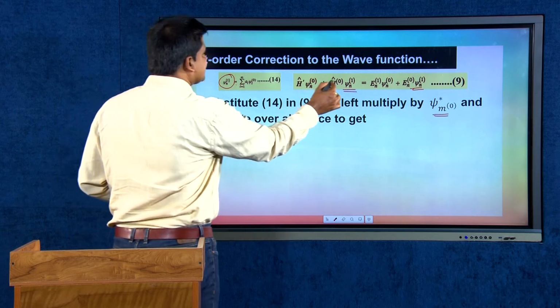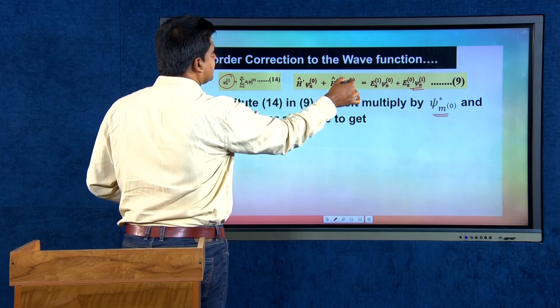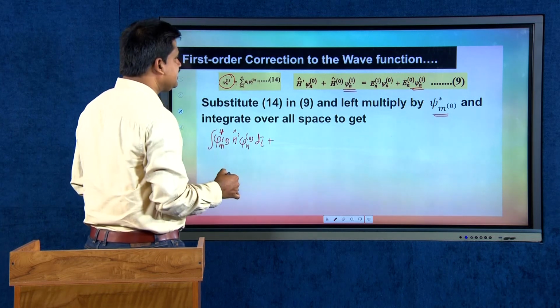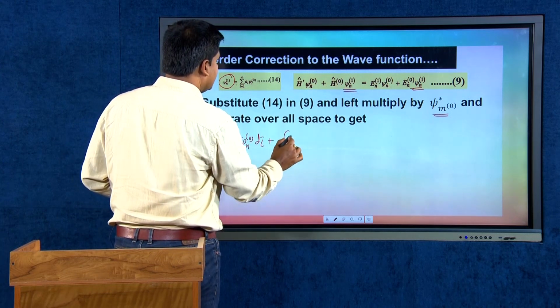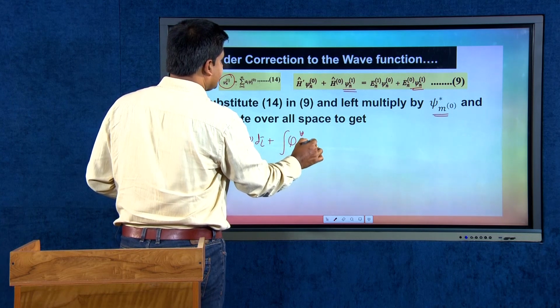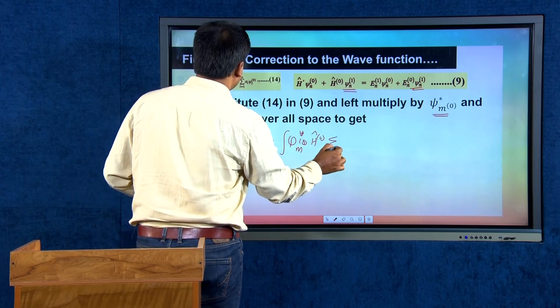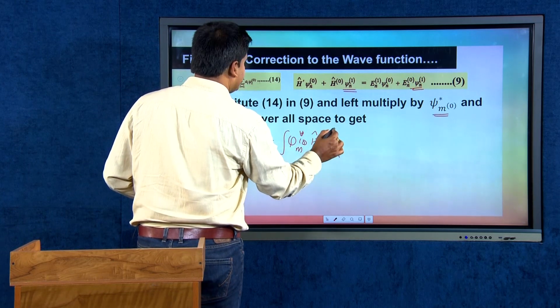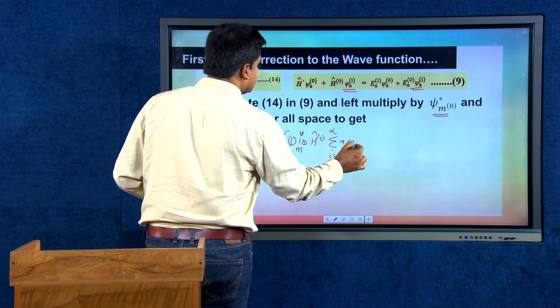In the second term, we put psi n1 equal to this quantity, so the expression will be the integral of psi m0 star H hat 0 into the sum over i equal to 1 to infinity of ai psi i, or al psi l.